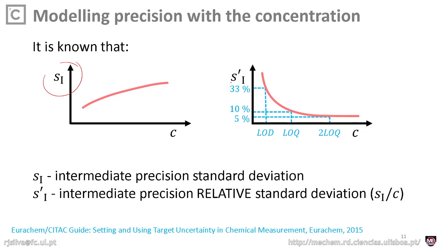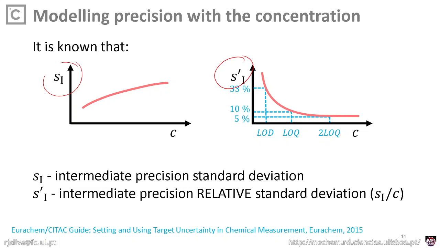And if we look at the relative standard deviation of the intermediate precision, we know that it decreases in an abrupt way from low to higher concentrations. At LOD it is 33%, at LOQ 10%, at 2LOQ 5%, and after that it becomes rather stable, rather constant above that concentration.